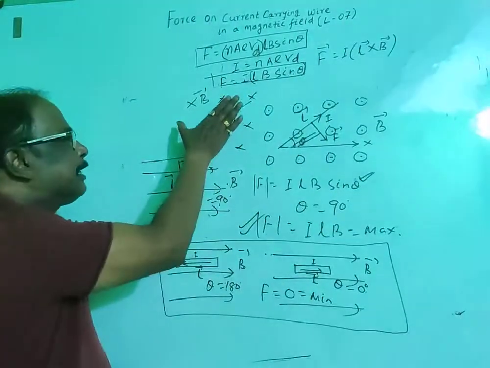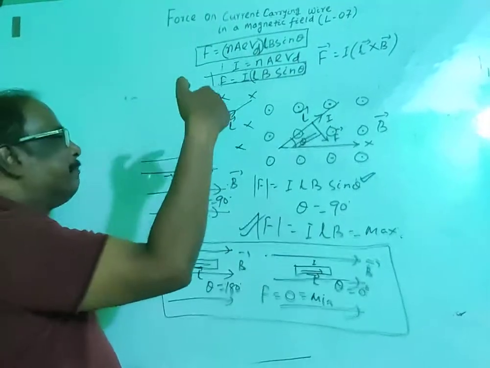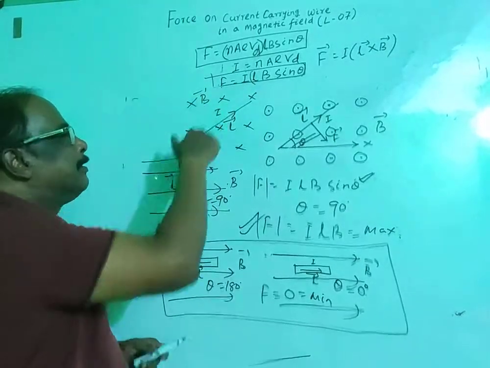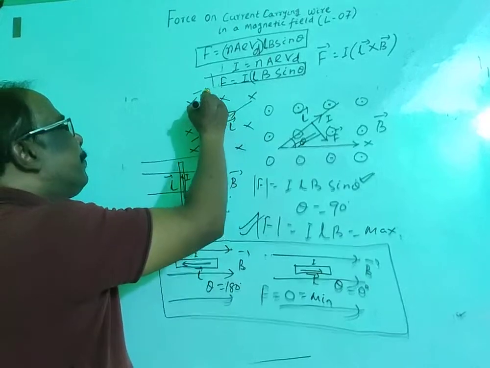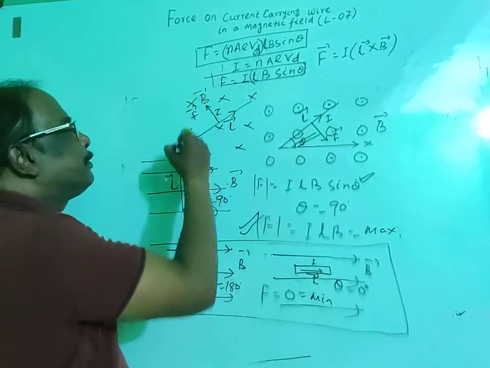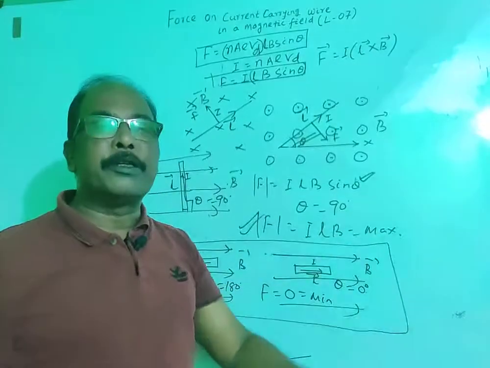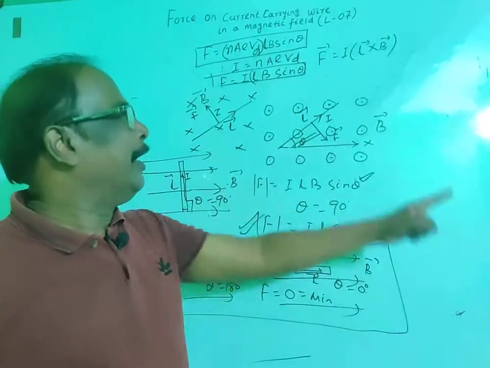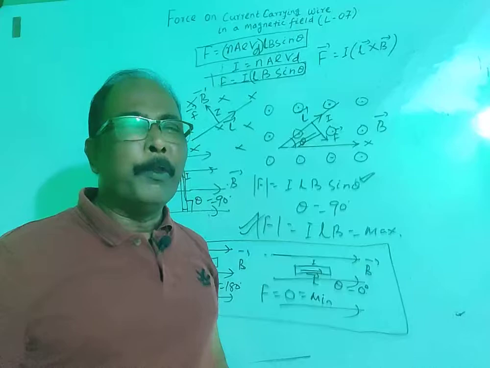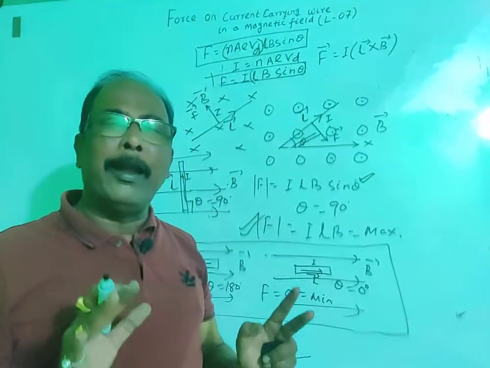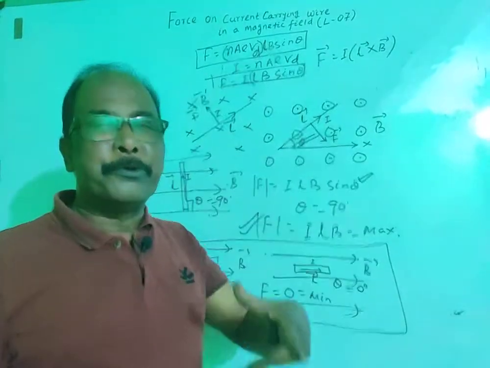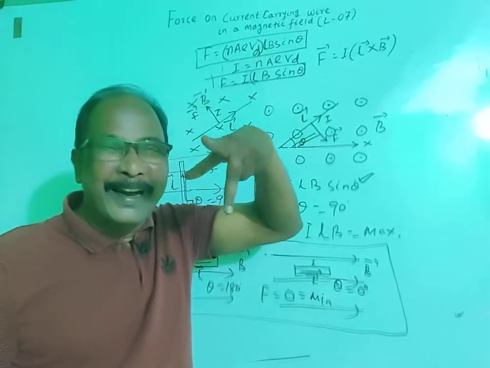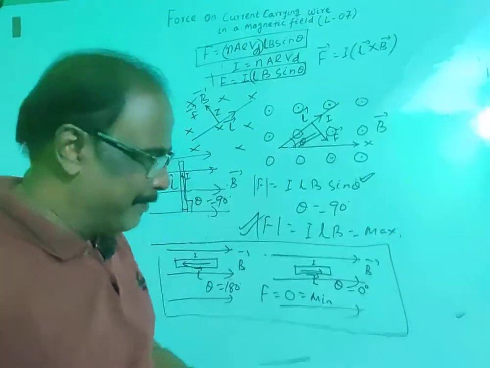L cross B, this is L, and B is inwards, L cross B, then force is perpendicular to the length, force is upward, and in this case, force is downward. Very easy. You may use the cross product rule, or you may use the right hand palm rule, or you may use the left hand rule. Okay, very good.